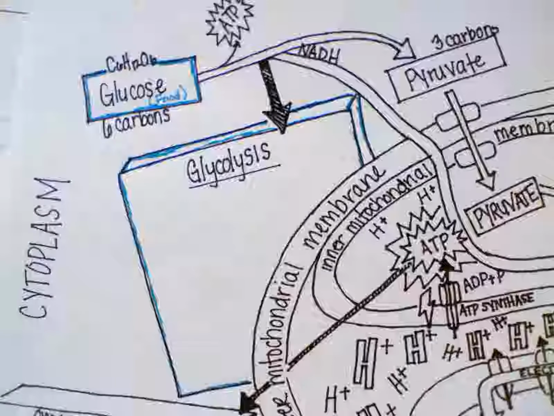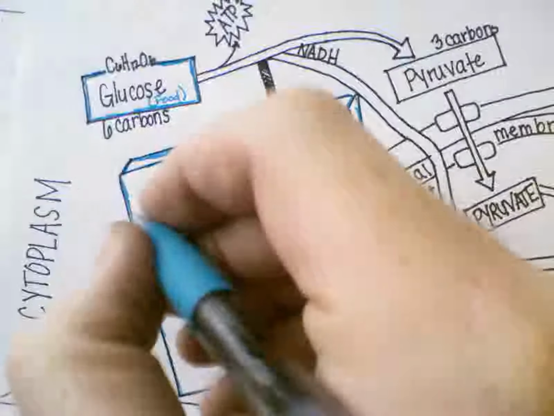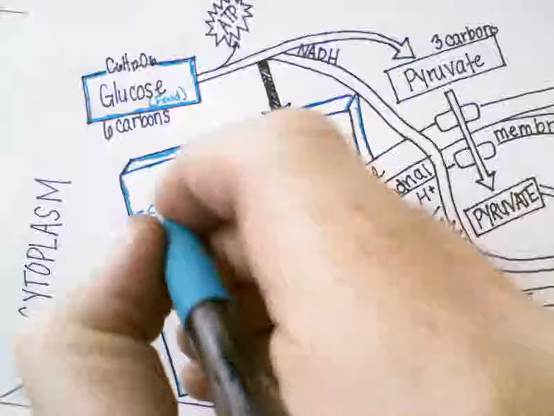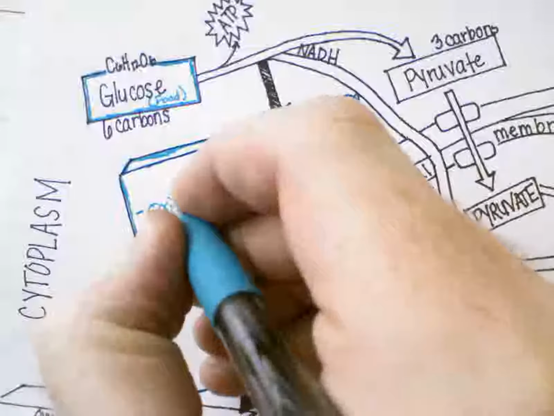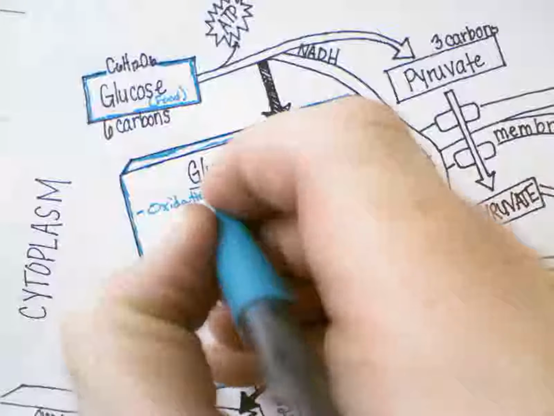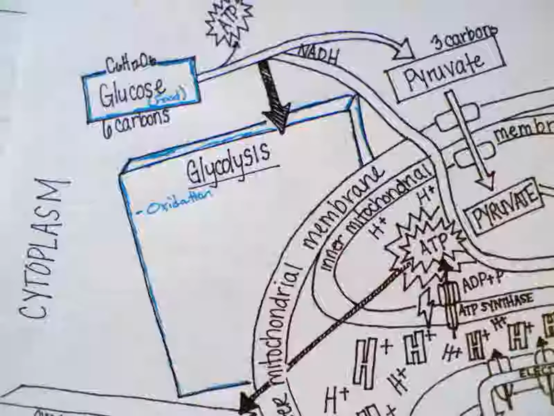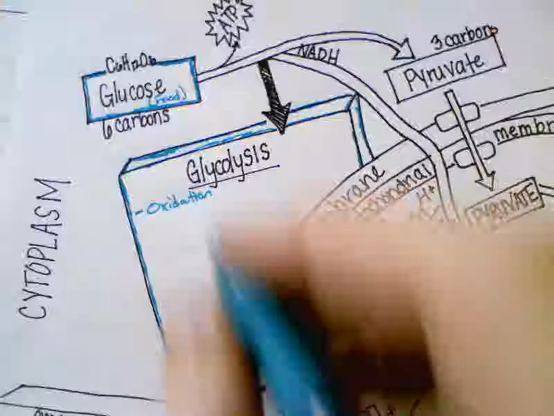Okay. So we start off with glycolysis, and the overall idea of glycolysis is going to be the oxidation of glucose. And again, we keep saying glucose, but just know it could be many different things.